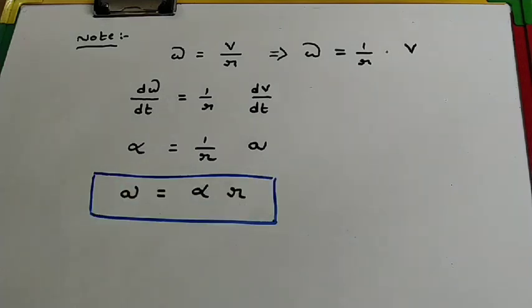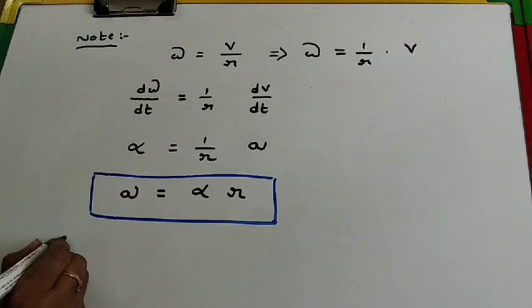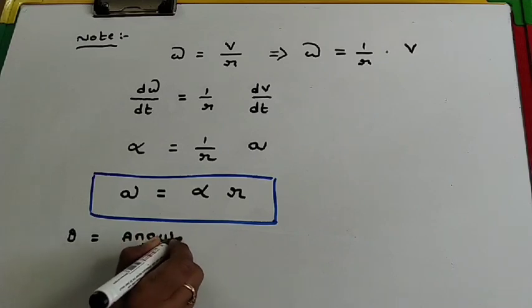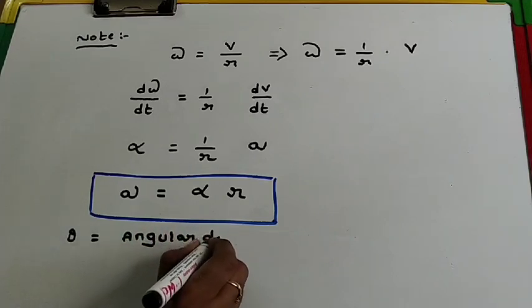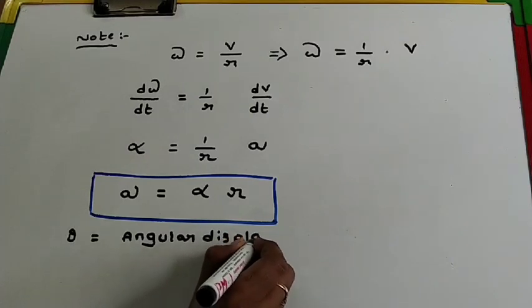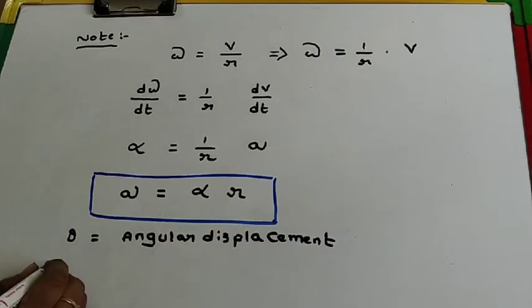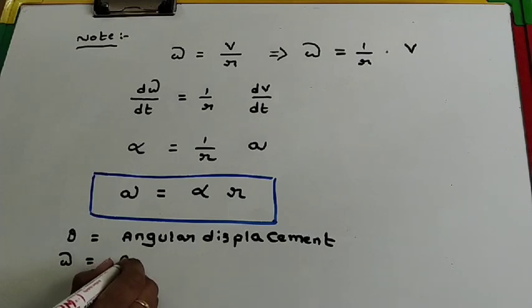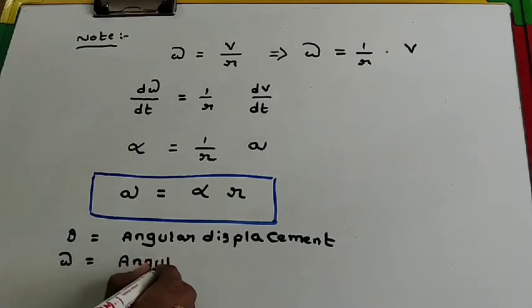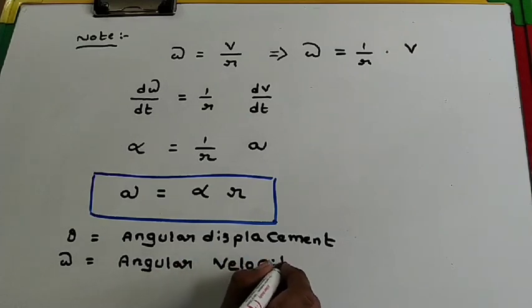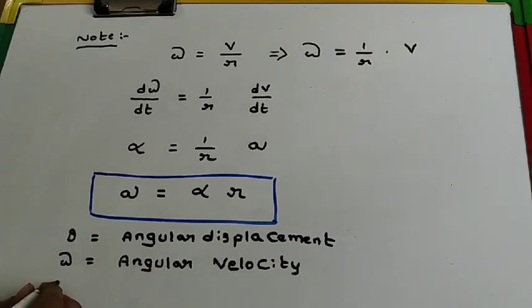Here, theta is called angular displacement, omega is called angular velocity, and alpha is called angular acceleration.